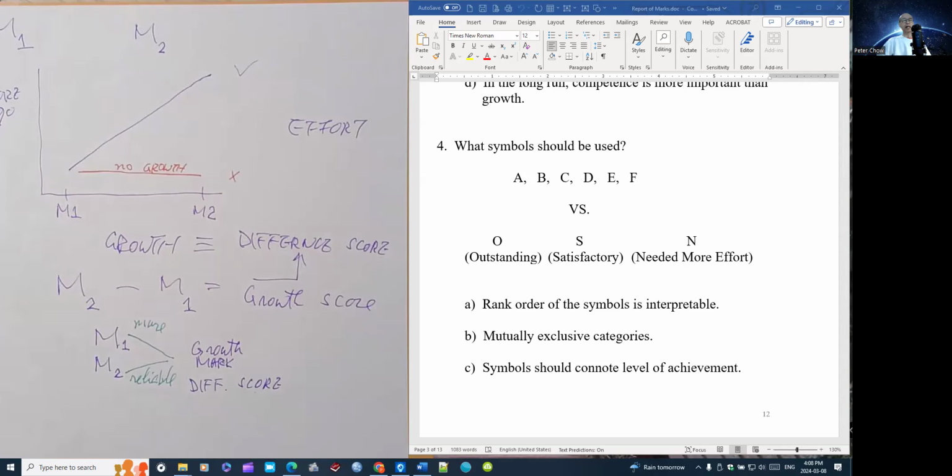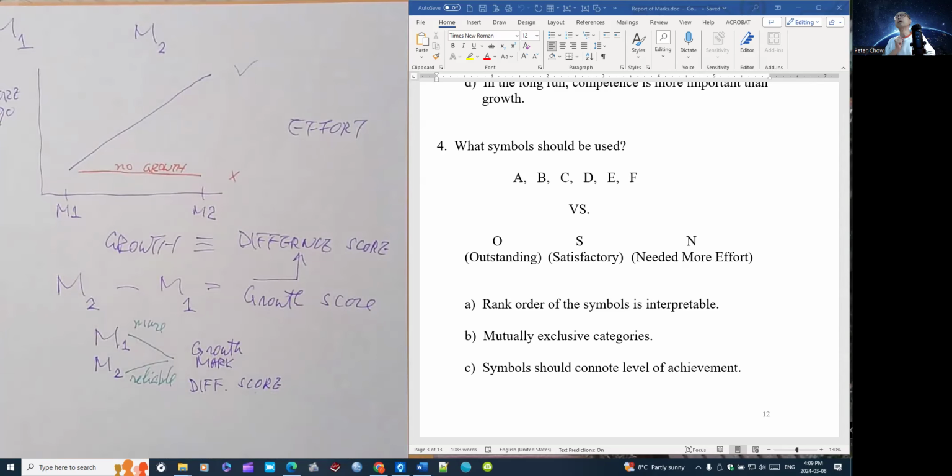All right. What symbols should be used? Let's say we have A, B, C, D, E, F versus outstanding, satisfactory, or needing more effort, that type of thing. It is important that the rank order of the symbols be interpretable, and that they represent mutually exclusive categories.